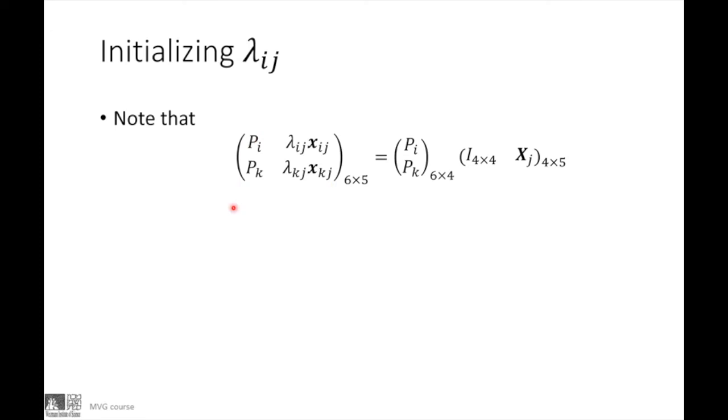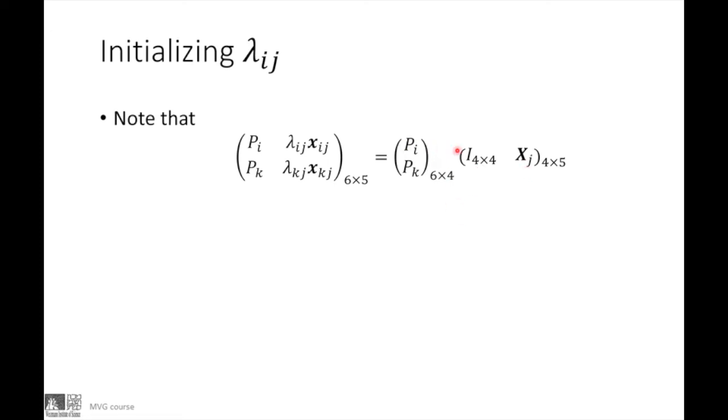In 2 images. Now this 6 by 5 matrix, you can see that it's actually rank 4. Why? Because I can write it as a product of Pi, Pk, the 2 camera matrices, and the matrix which contains the identity, and Xj, the 3-dimensional point. Let's see.